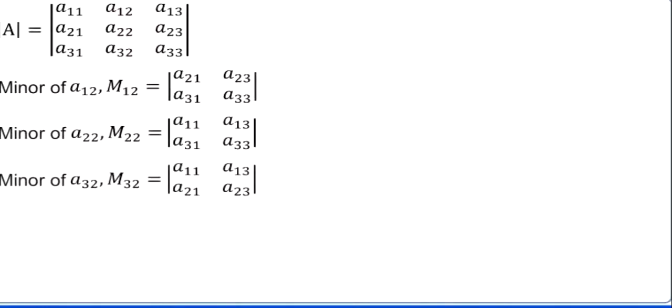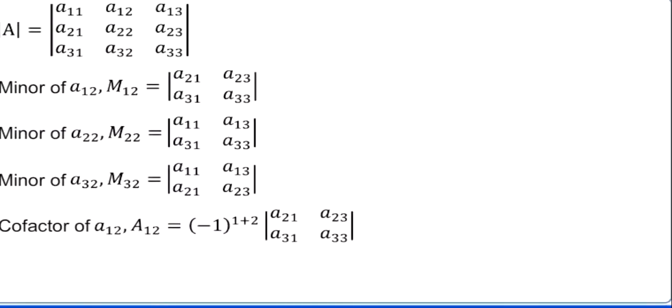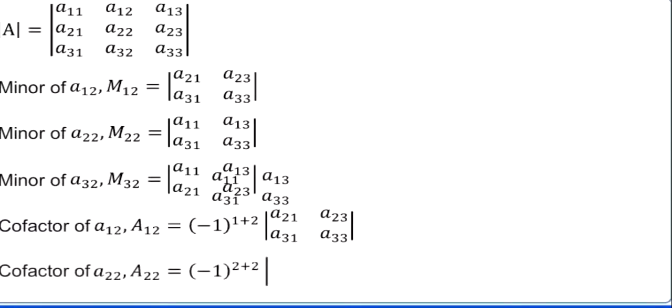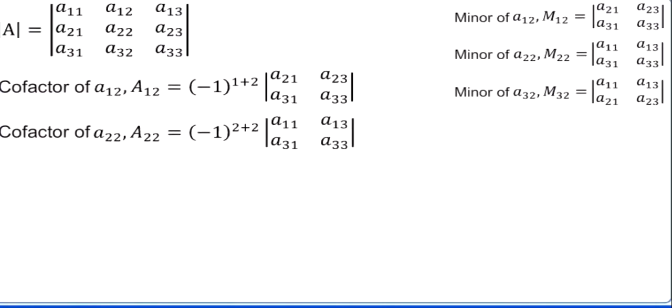Now, the cofactor of the element A12 is equal to the product of -1 whole raised to the power of 1 plus 2 and its minor. Similarly, the cofactor of A22 and A32 can be obtained, which are as shown.